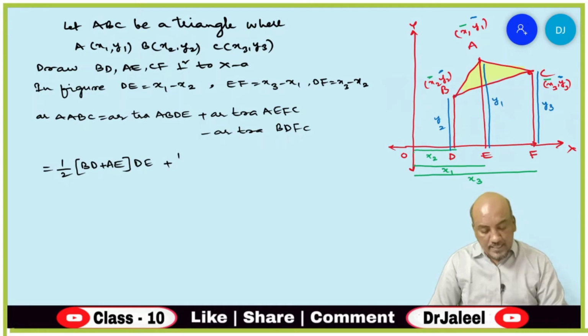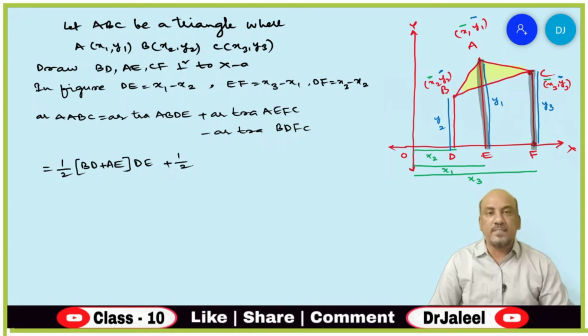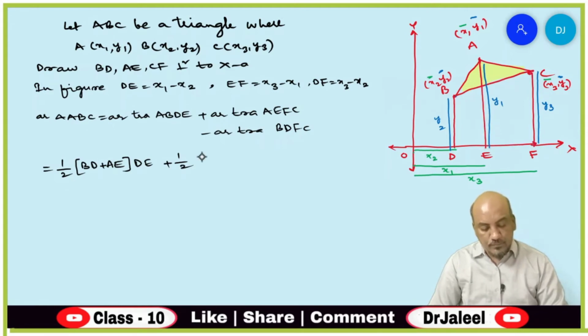Now let's go for the second trapezium. In the second trapezium, what are the parallel sides, children? These two are parallel sides. And what is the height? EF. So let's write that. Half into the sum of parallel sides, that is AE plus CF, into the height, that is EF, minus the third trapezium.